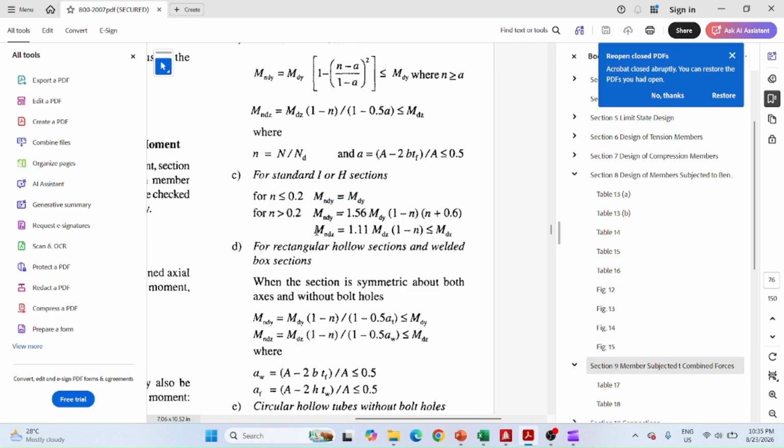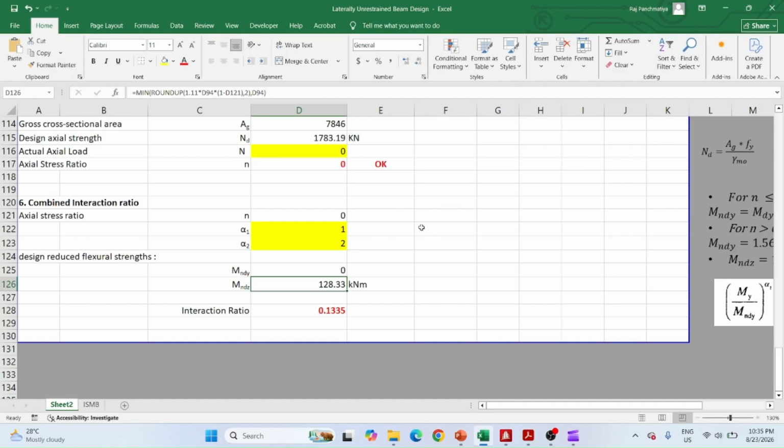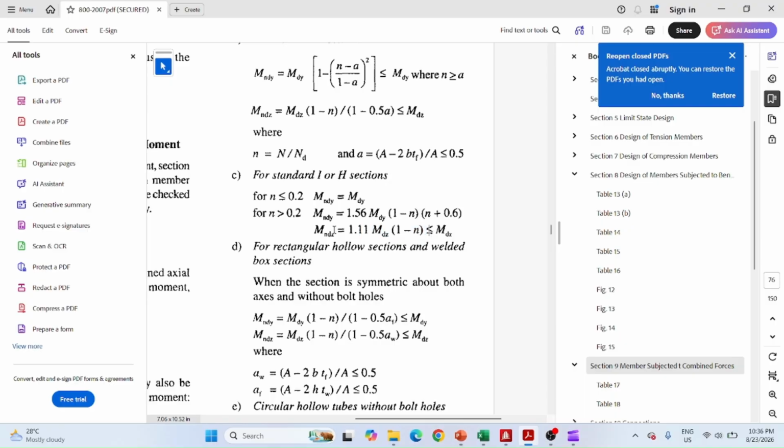Now coming to the formula of Mndz, it is given by this formula. It is 1.11 Mdz into 1 minus n. If you calculate using this formula, let me calculate it on the side, it is coming as 142. Okay, but here it is written that this Mndz value should be less than Mdz value.